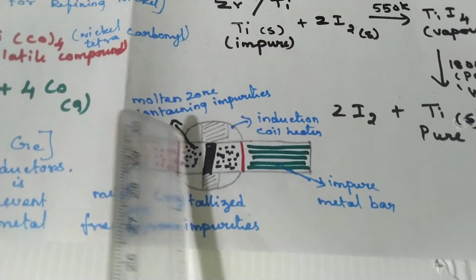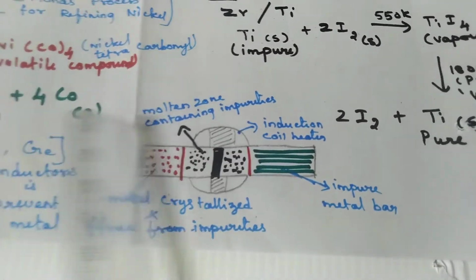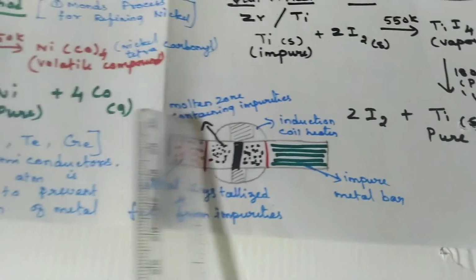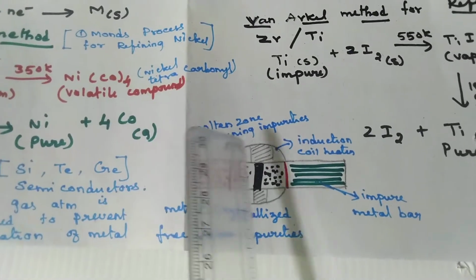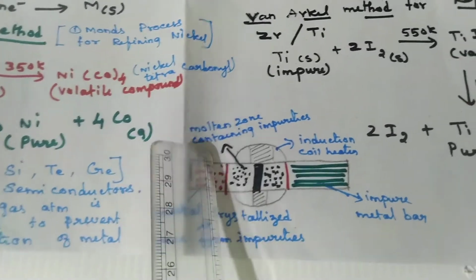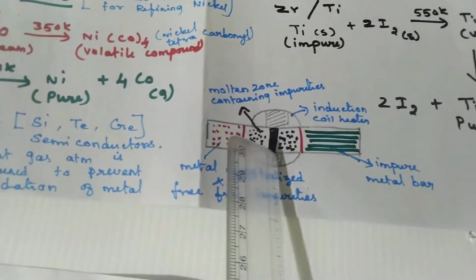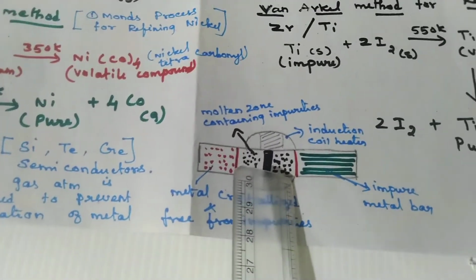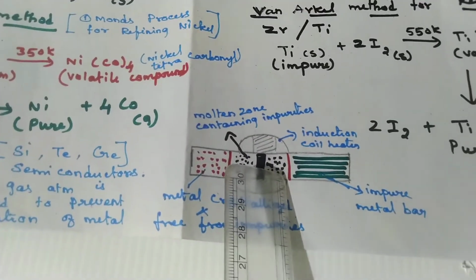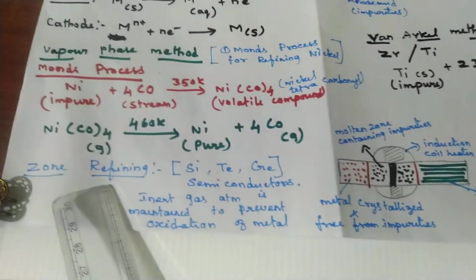Similarly, the complete process is repeated many times until the impurities are removed, as they form a molten zone in the center of the induction coil heater. So this is another important refining process. It is known as zone refining. That's all.